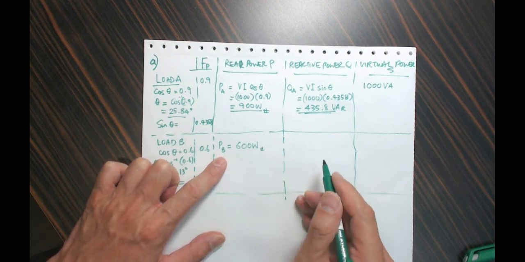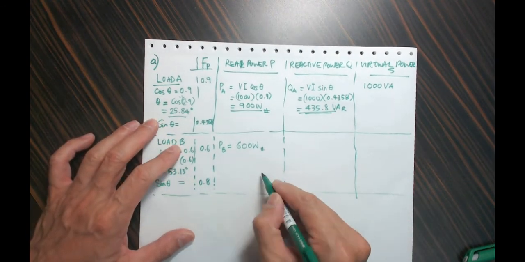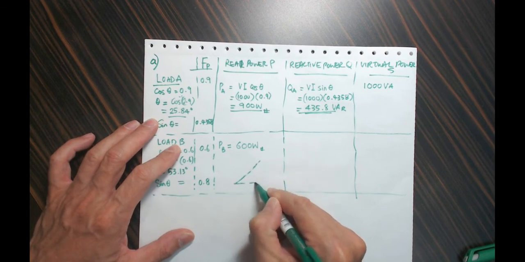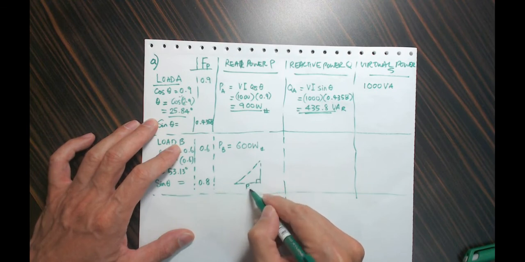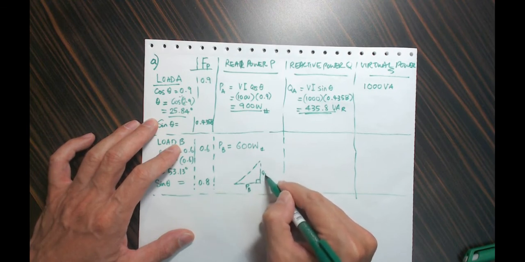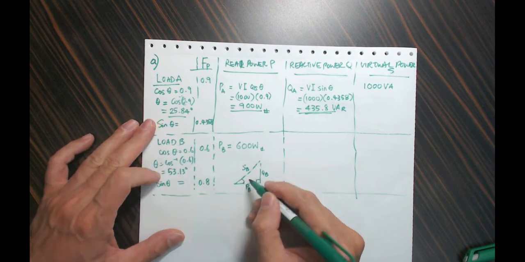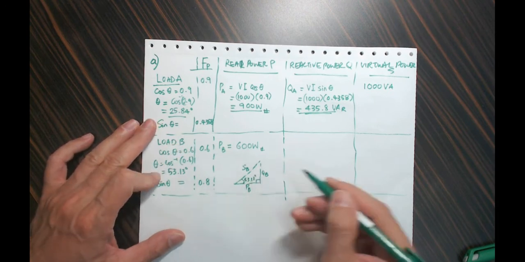To calculate QB, I make use of the power triangle. The power triangle can be drawn this way: PB, QB, and this is the virtual power SB, with an angle of 53.13 degrees.